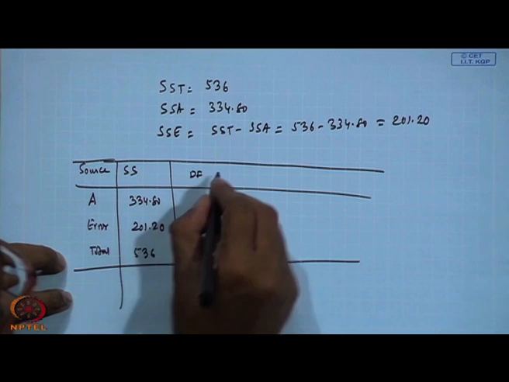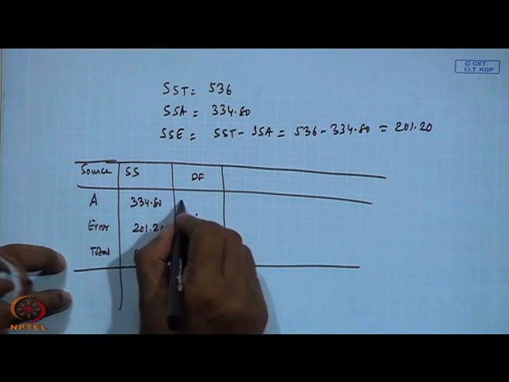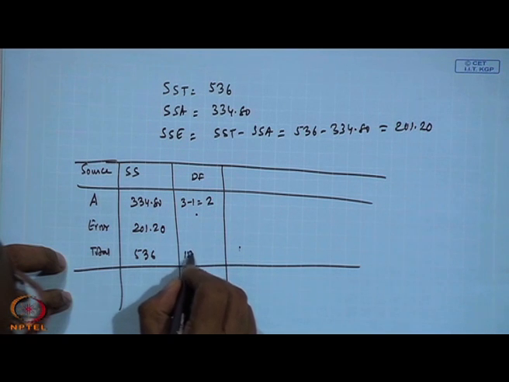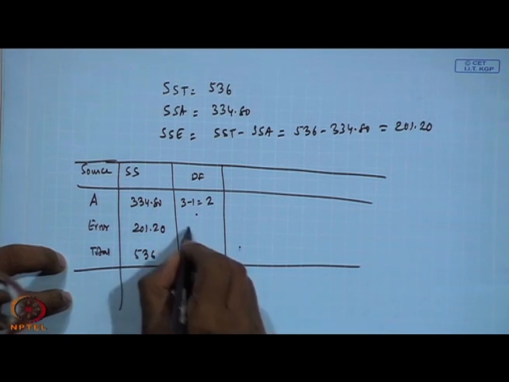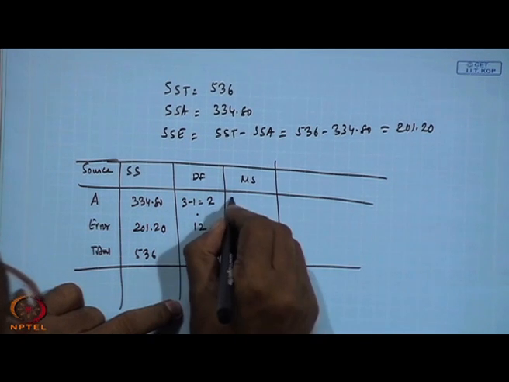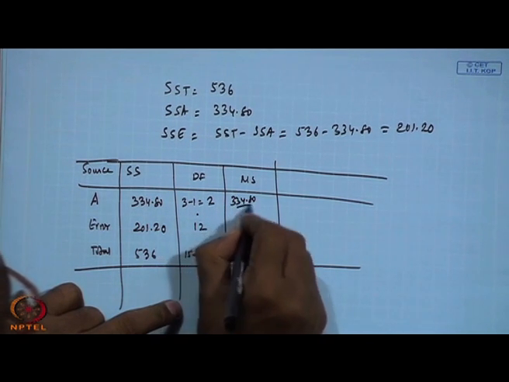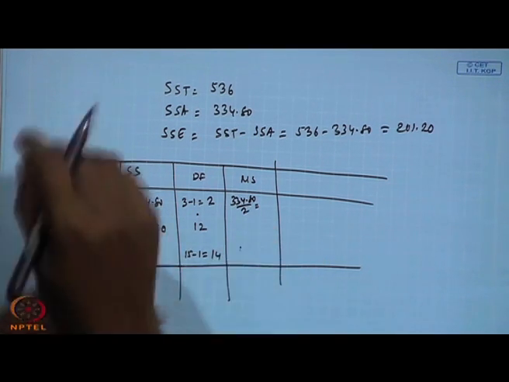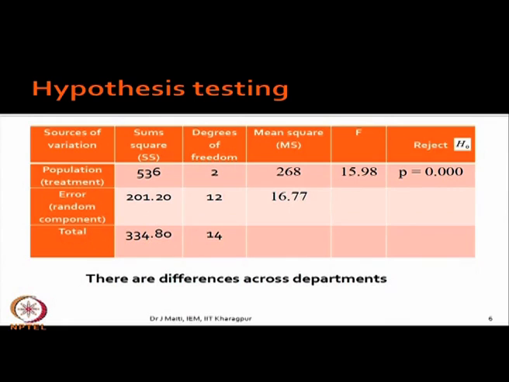And what is our degrees of freedom? For A, 3 minus 1 equal to 2, for total it is N, meaning 15 minus 1 equal to 14, then this will become 12. Then what is our MS value? 334.80 by 2, what will be this value?